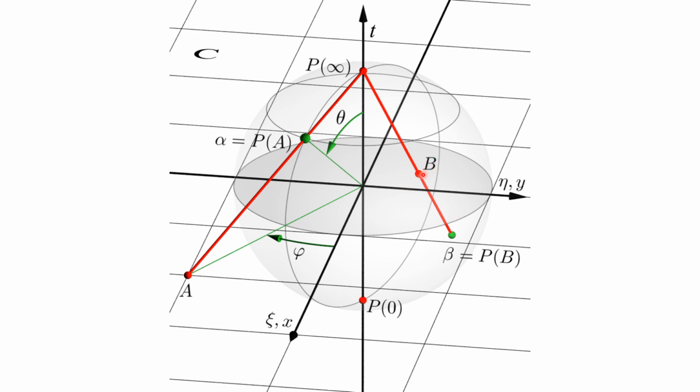Now if you're inside of the sphere here and on the plane, for example point B, then you do the same thing. You draw a line from the top of the sphere to B, but then you don't intersect the sphere until you hit the lower hemisphere. And you see here that B has its unique point on the sphere P of B, and that's true for any point in this gray area here.